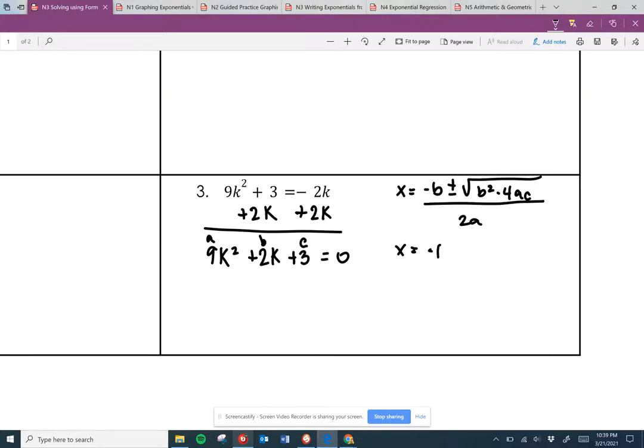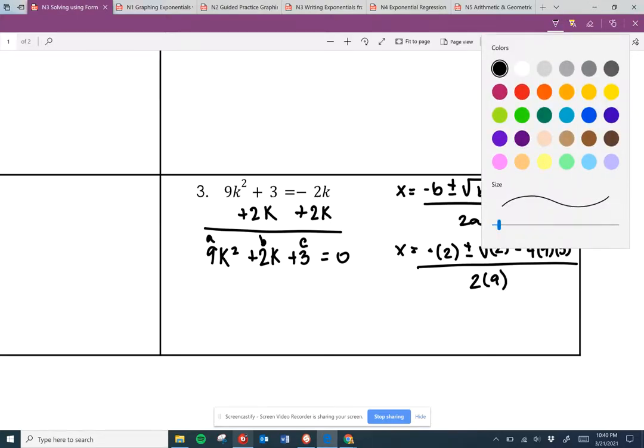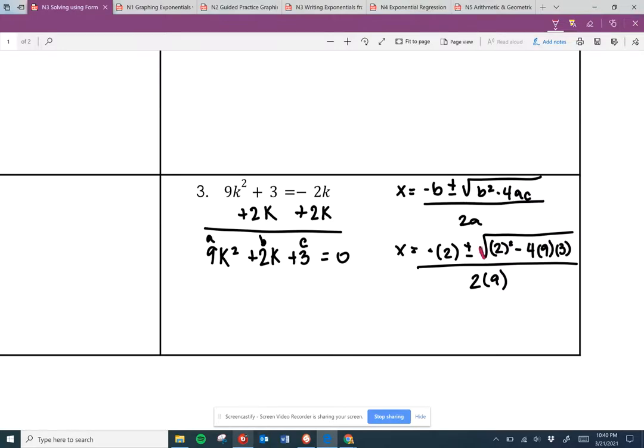When we plug that in, remember we always substitute in parentheses. So we have negative 2, plus or minus the square root of 2 squared minus 4 times 9 times 3, all divided by 2 times 9. As you remember, everything under the radical goes in our calculator first. So we have 2 squared minus 4 times 9 times 3.